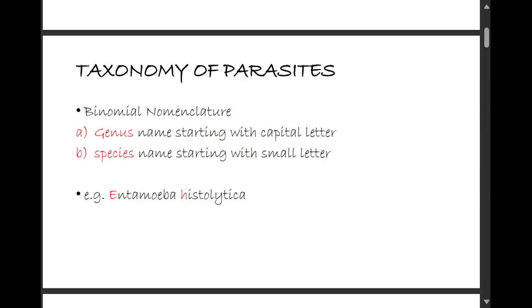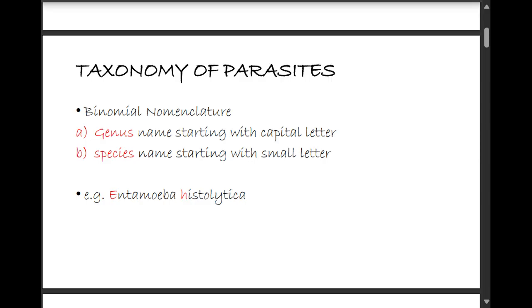So in medical parasitology, when we're talking about the taxonomy of parasites, we categorize or classify these parasites according to the binomial nomenclature. According to the binomial nomenclature, you understand that each parasite has two names.